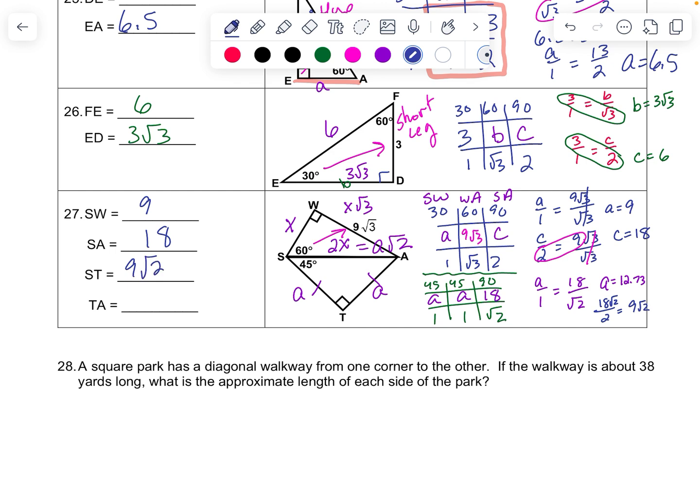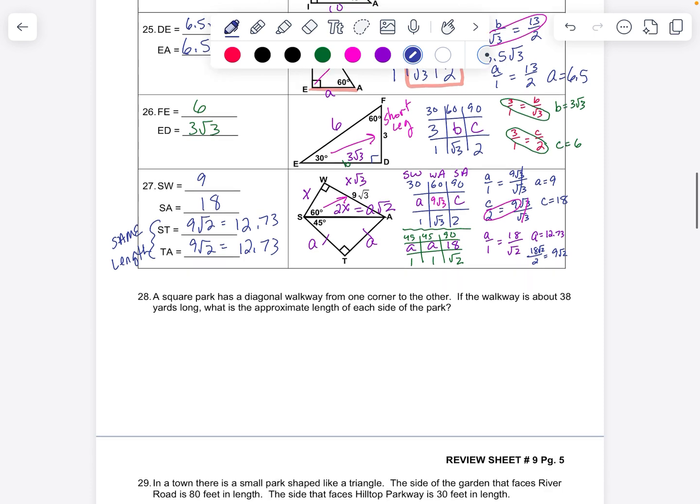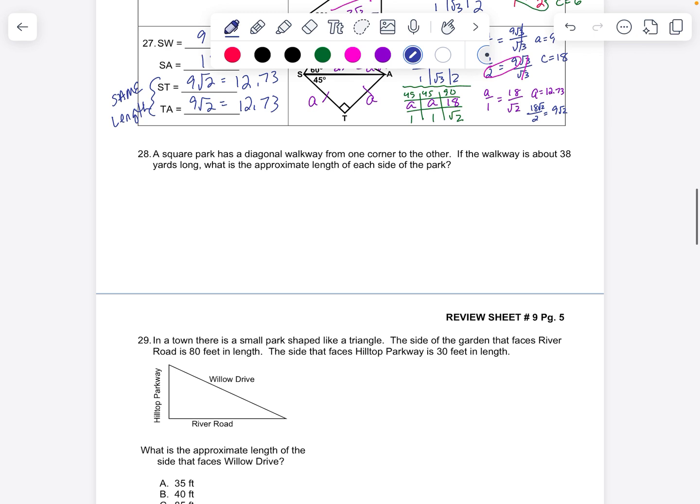So you can write your answer either way, 9 square root 2, and both ST and TA are the same length. Or you can get your decimal value, 12.73. So remember, both methods, or both answers, decimal or square root format, are acceptable.